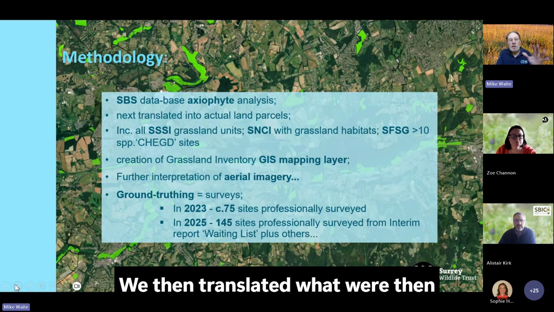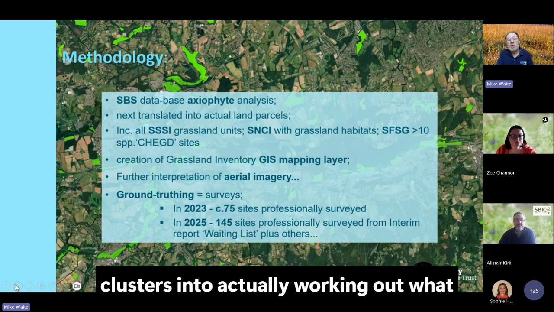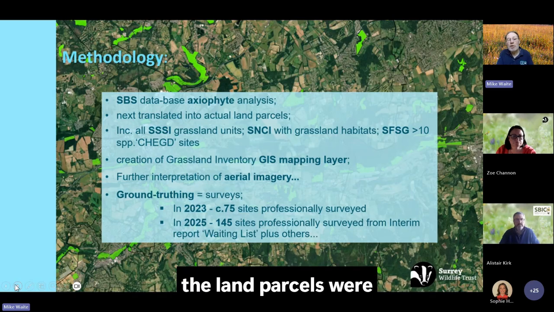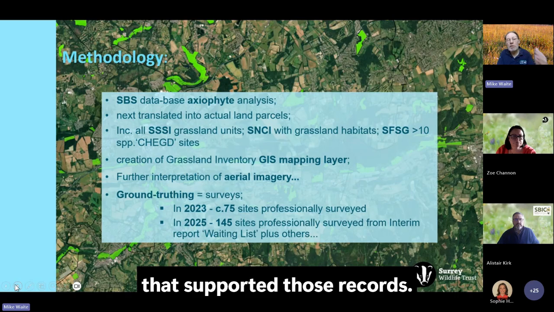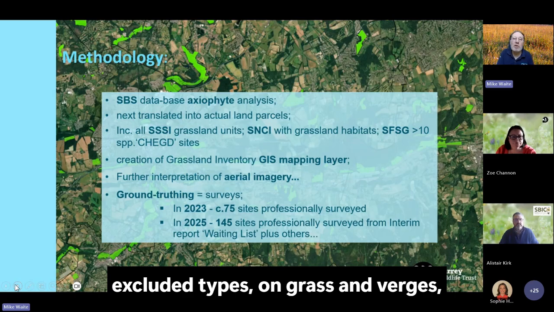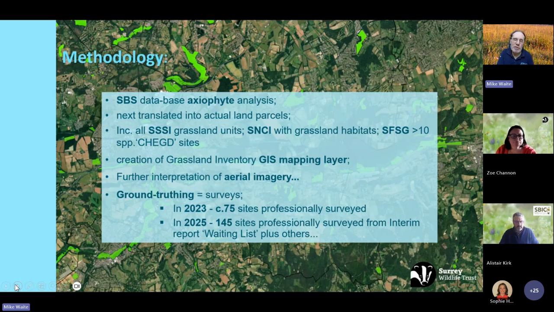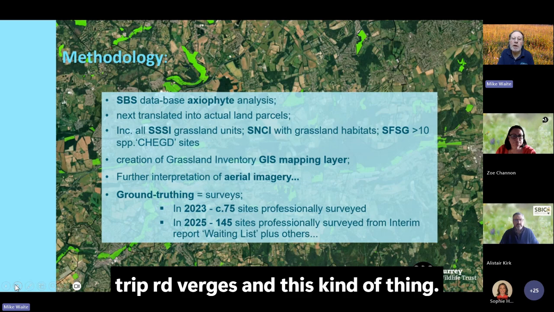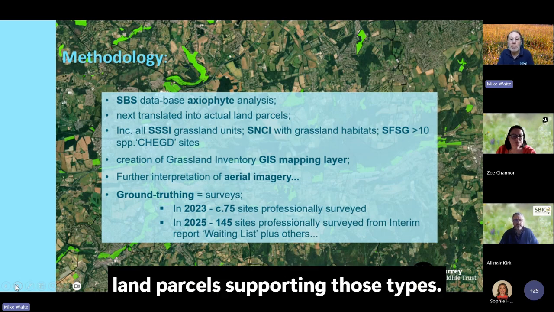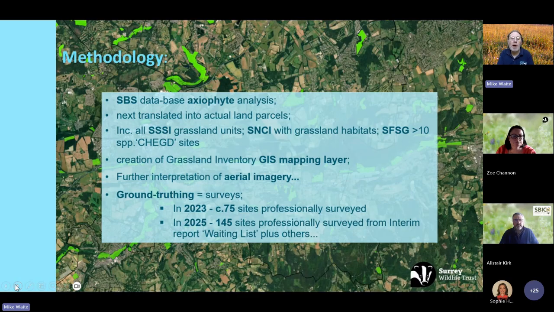We then translated what were then clusters into actually working out what the land parcels were that supported those records, because sometimes they fell within those excluded types, on grassland verges, road verges, and this kind of thing. So we firmed up on those land parcels supporting those types.